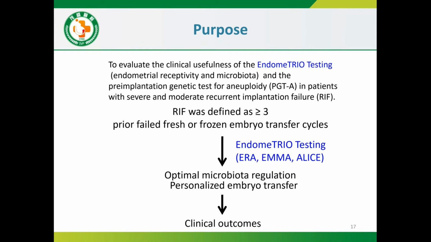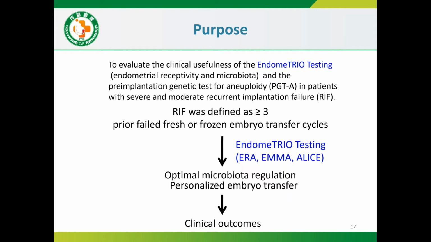The purpose of this study was to evaluate the clinical usefulness of the endometrial testing and the PGS in patients with severe and moderate recurrent implantation failure. RIF was defined as more than 3 failed fresh or frozen embryo transfer cycles. We analyzed the clinical outcome after RIF women with optimal major good bacteria and personalized embryo transfer.